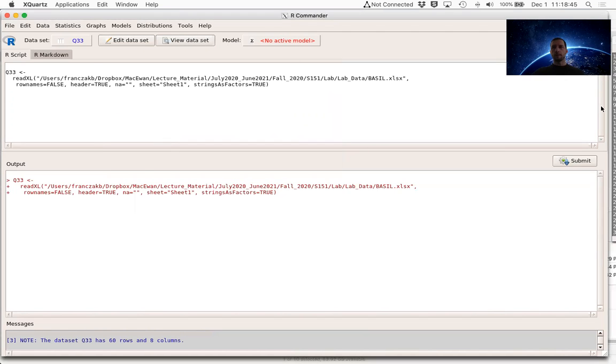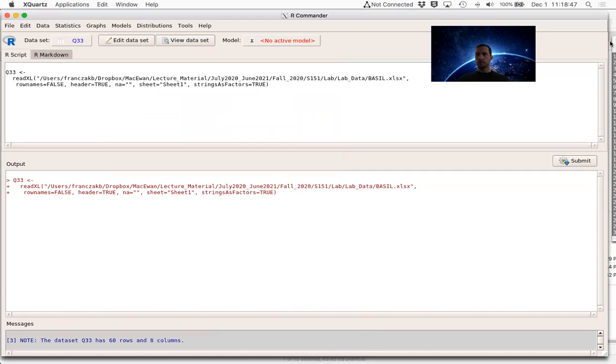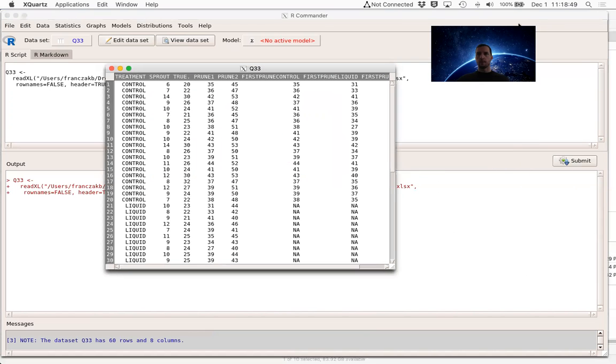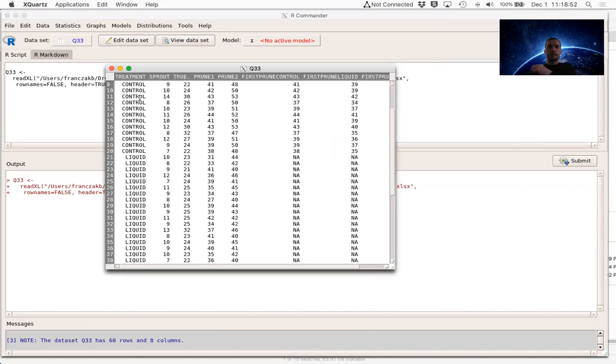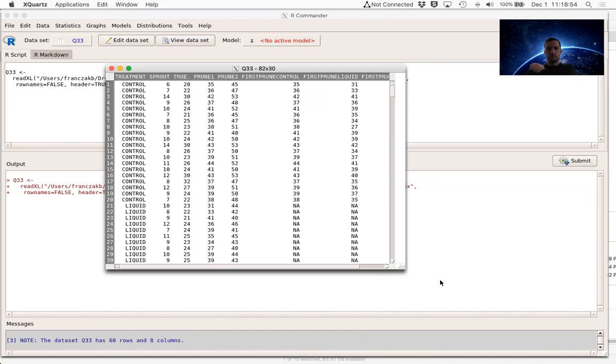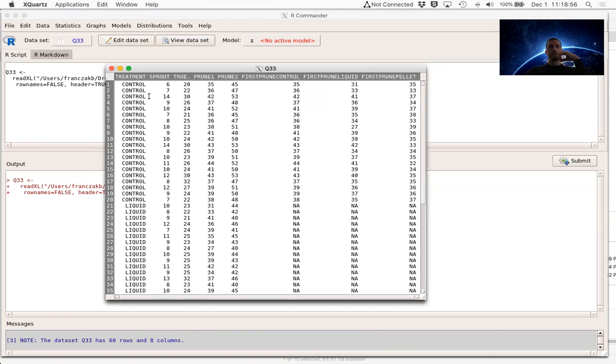Okay, so when we take a look at this data, we have in the first column the group that it belongs to. So this first column is basically an indicator telling us the group. And then in the next two columns, we have different response variables.